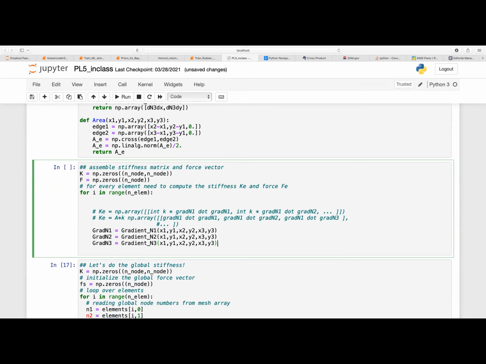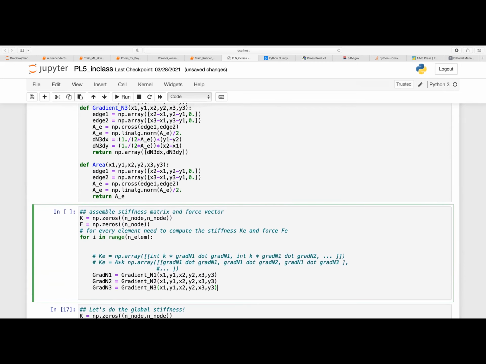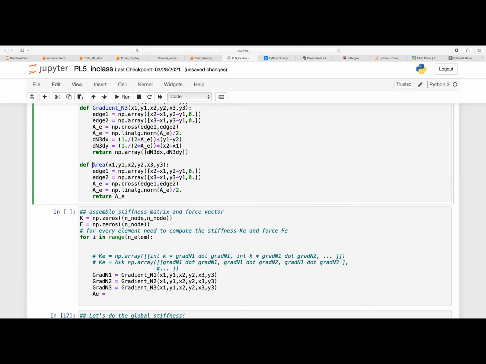I still haven't found what x1, y1, x2, y2, and x3, y3 are, but I need to call those functions. Once I call those functions, I also need to calculate the area of the element, so I can just call my function. This will give me the area of the element. And we said conductivity equals 1.